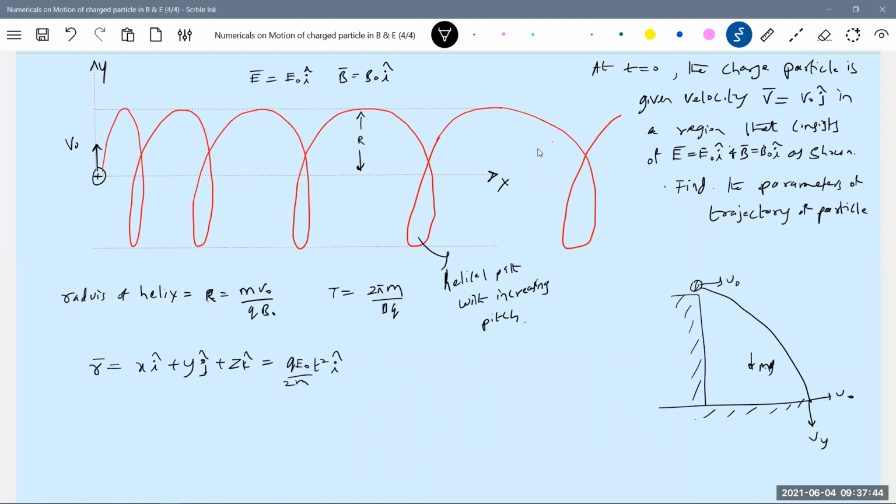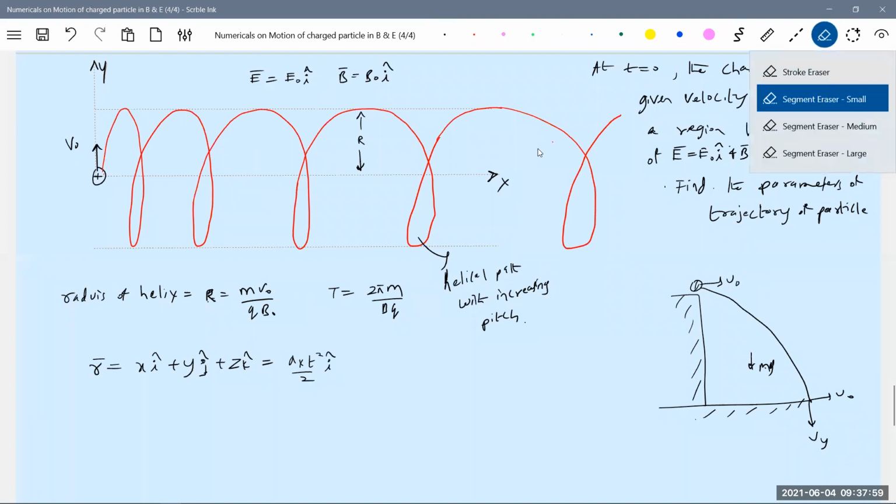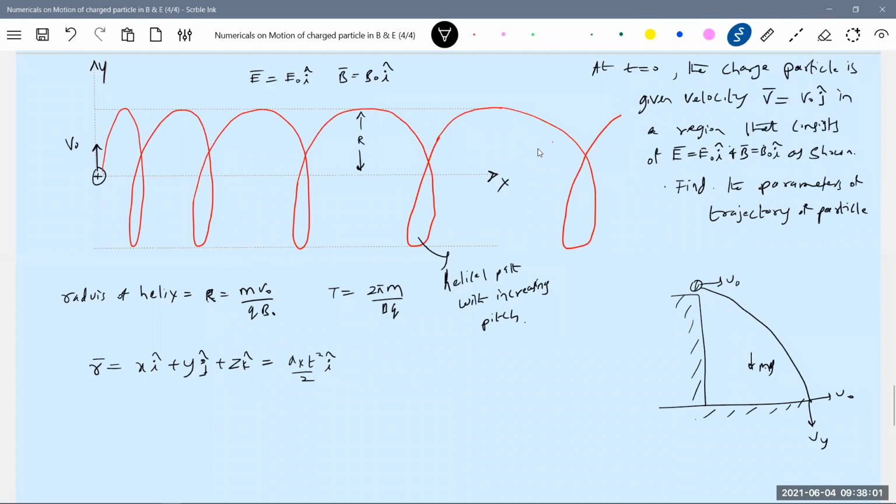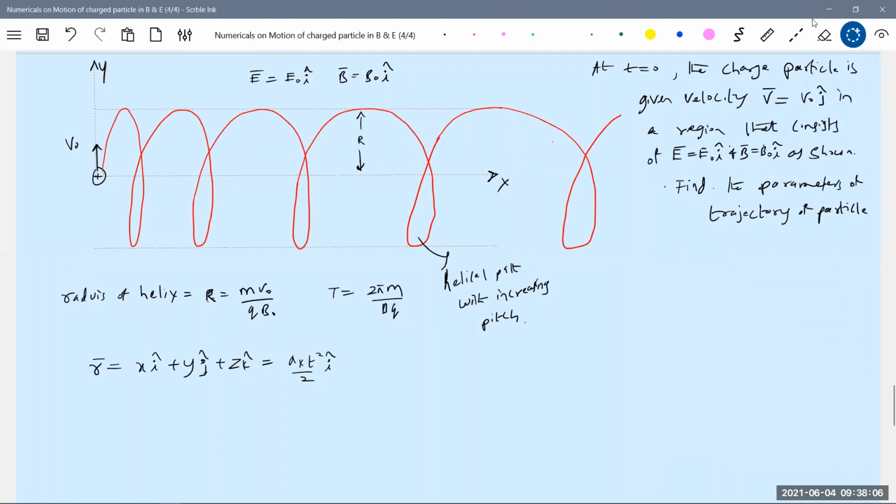Where will this q E naught come from? x equal to half a t square. What is the acceleration along the x-axis? It should be equal to, we will write all these things: a x equal to q E naught by m.